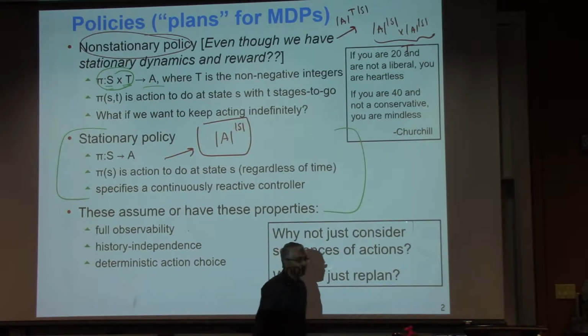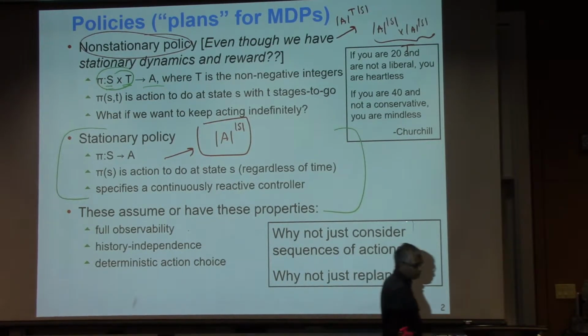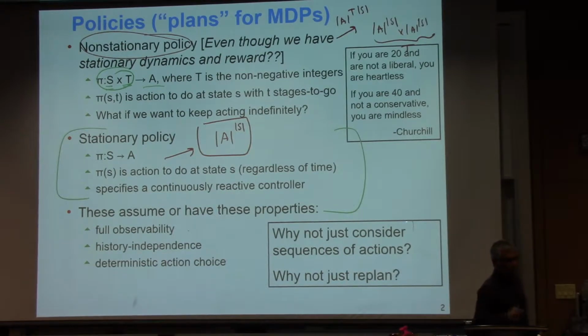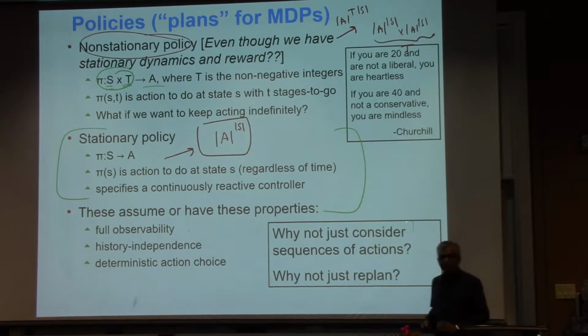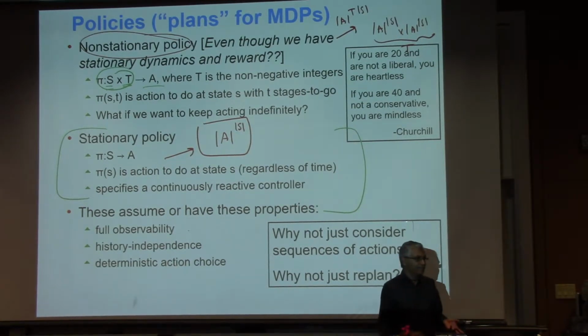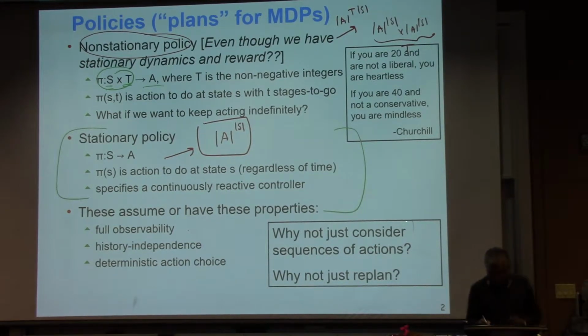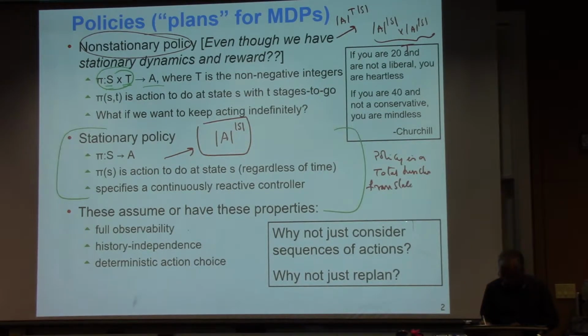There is a question. Yes. Are there some policies... There is no notion of subset because a policy has to tell you what to do in each state. A policy is a total function from states to actions.